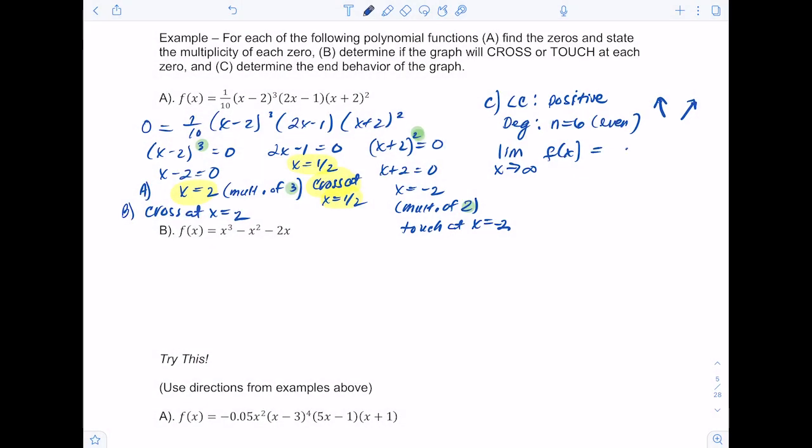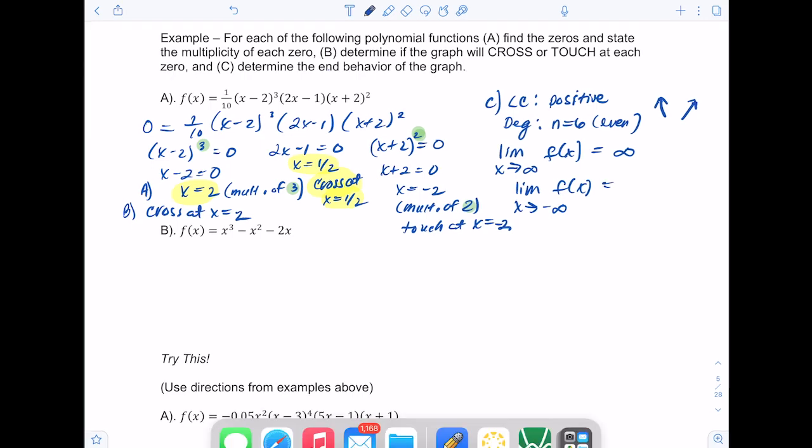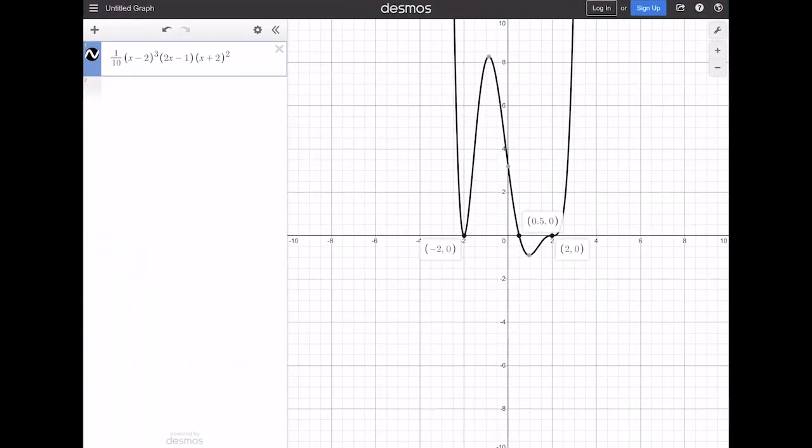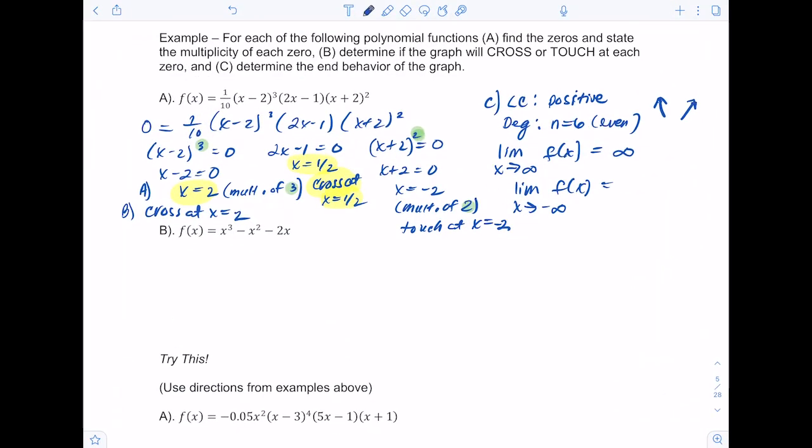So this is going to equal positive infinity. And the limit as x approaches negative infinity just means as you are walking along the x-axis towards negative infinity, again, if you look at the graph, what's happening to the graph? It's always increasing towards positive infinity forever. So the limit here is going to also equal positive infinity.